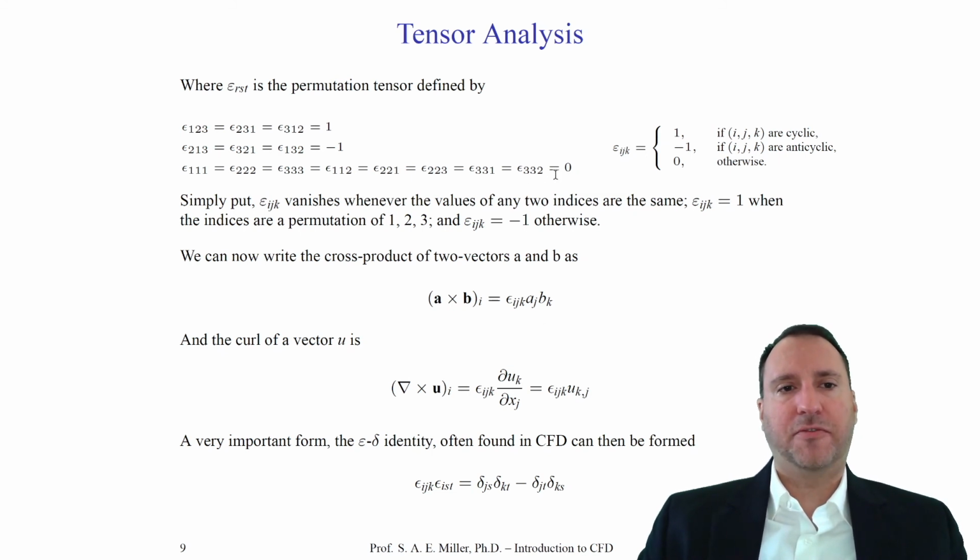This actually comes out of a mathematical equation. We can easily put epsilon ijk anywhere, and it vanishes with the values of 2 indices being the same. For example, epsilon ijk is 1 when the indices are cyclic permutations of 1, 2, 3, and -1 otherwise.